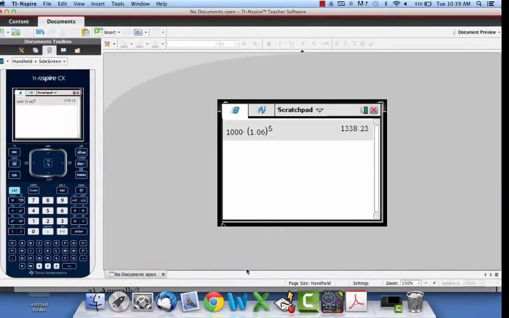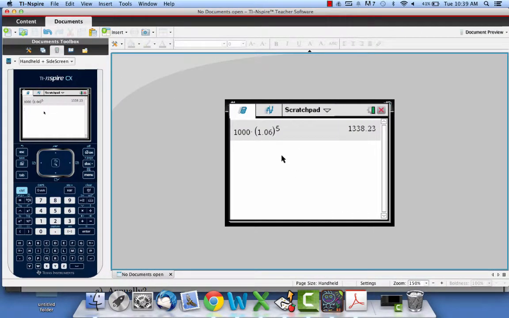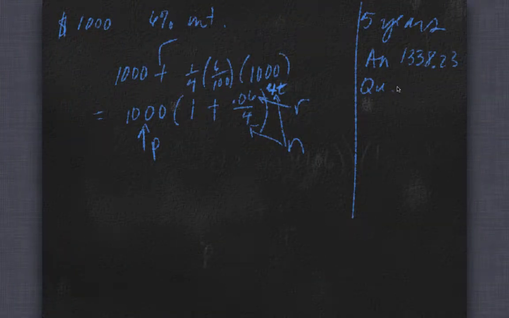So if we do this for 5 years, now I've got 1,000 times 1.015, because I did in this one time just do that in my head there. And now for 5 years, I've done 20 times. So I have an extra $8.50. Okay, so $1,346.86.